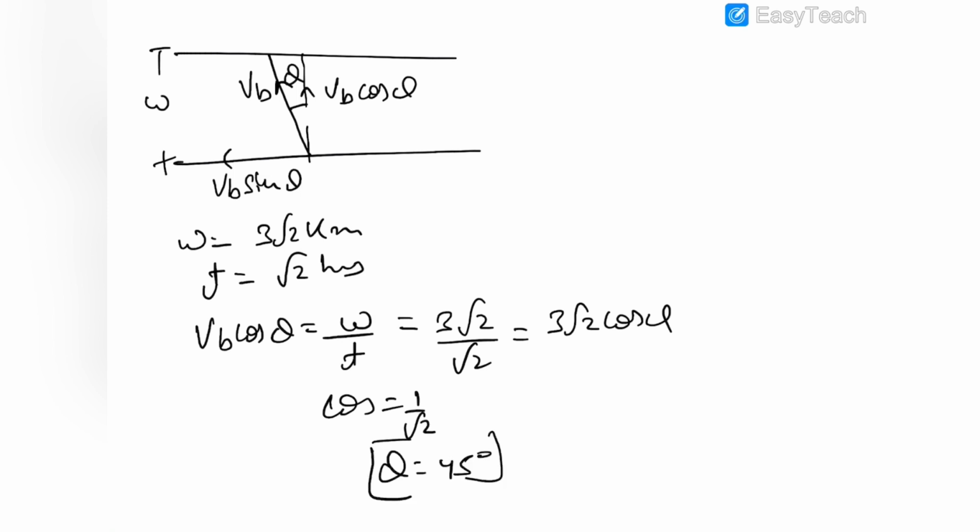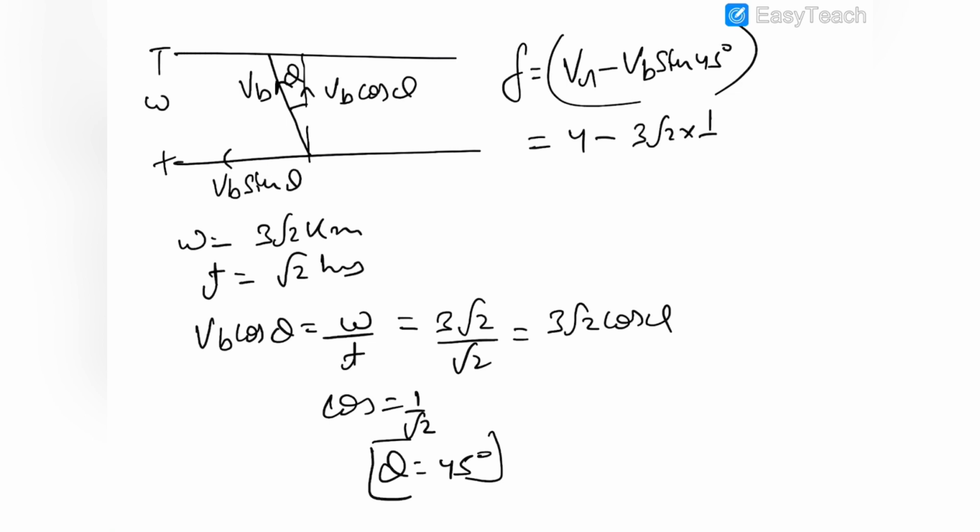So if theta is 45 degrees, then the drift del will be due to VR minus VB sin theta. VR is 4 and VB is 3 root 2 and sin 45 is 1 by root 2. So this is 1. So drift del will be equal to 1 into time.